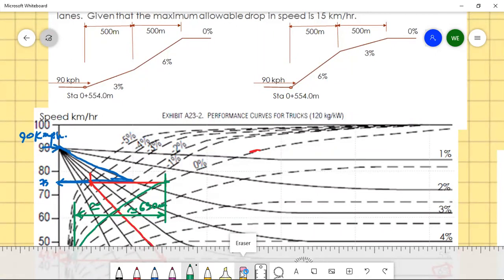If we say this is 100 meters, this is almost in the middle, something around that figure.